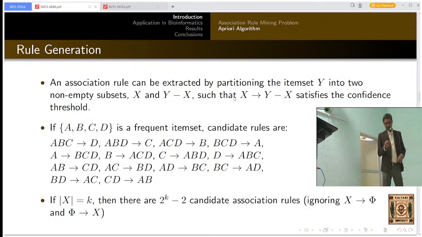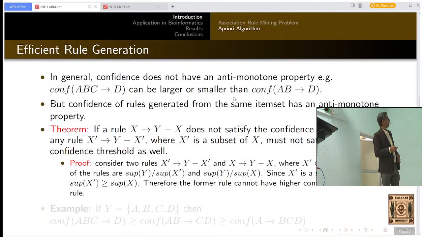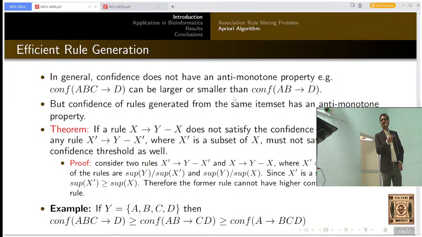So maybe I should not go into details because it might be too much theory. Should we go through it or go to the application? The theory is actually very simple. Suppose you have 3 rules generated from the same item set. Instead of going into theory, let us give the example, so that will be better.